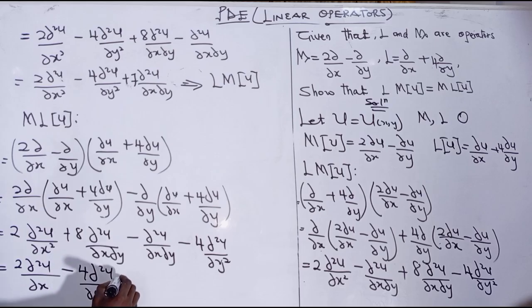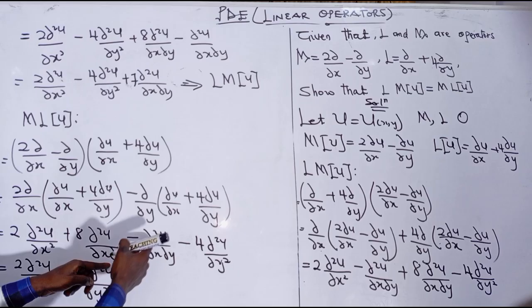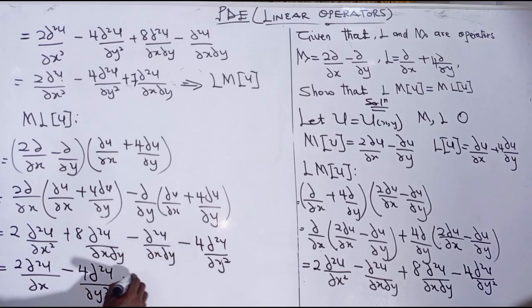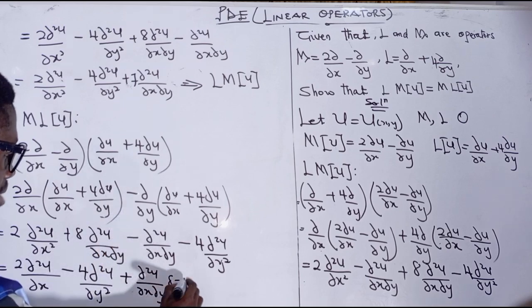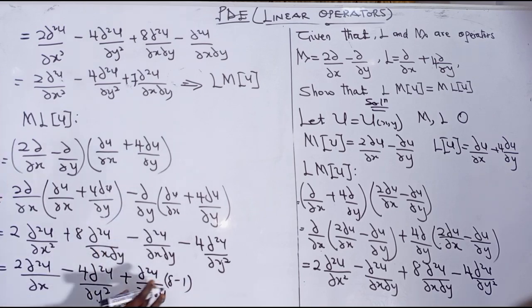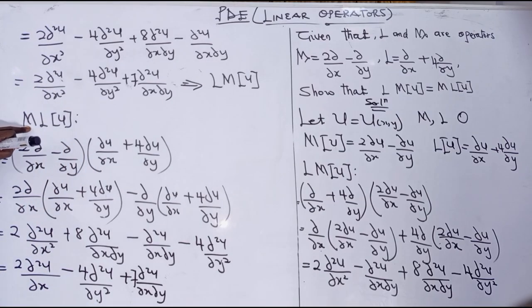Then we have del square U del X del Y, del square U del X del Y. When we factor del square U del X del Y out, we will have 8 minus 1. That gives us 7. So I can decide to bring the 7 in front. So what we have gotten is M operating on LU.